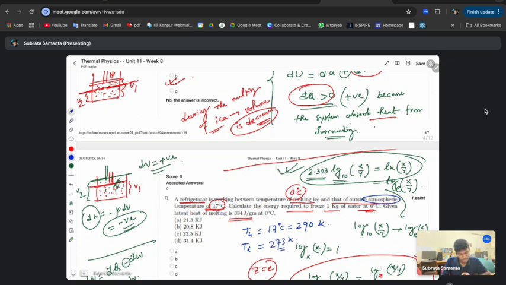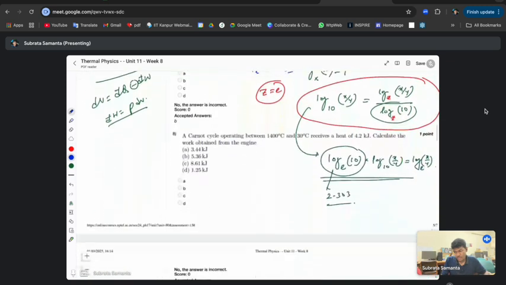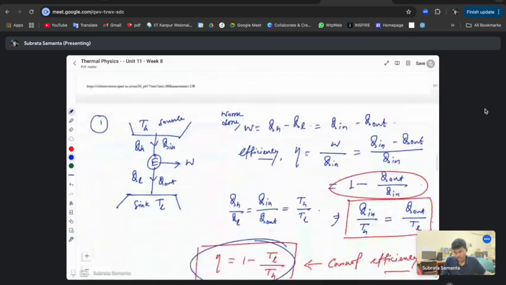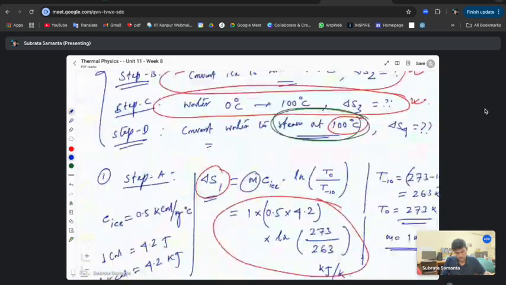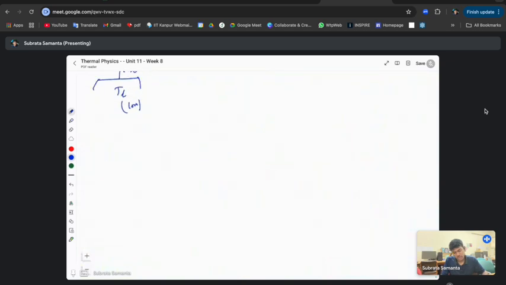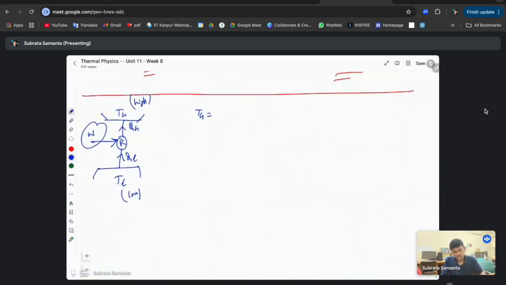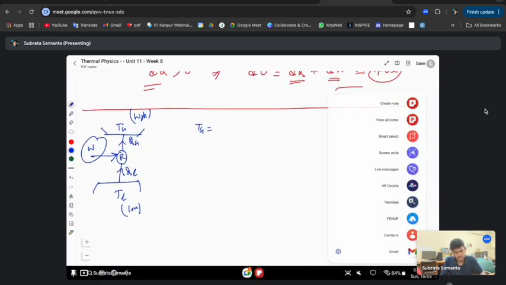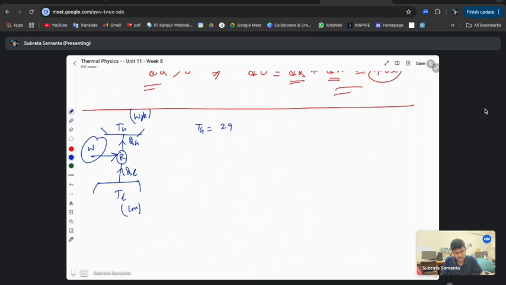And calculate the energy required to freeze 1 kg of water. So this is basically your work done. The energy required means this W, where TH is 290 Kelvin and TL is 273 Kelvin.